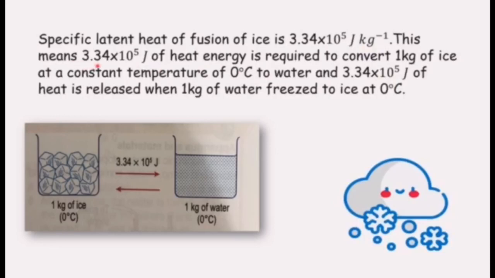This means 3.34 × 10^5 joule of heat energy is required to convert 1 kilogram of ice at a constant temperature of 0 degrees Celsius to water, and 3.34 × 10^5 joule of heat is released when 1 kilogram of water freezes to ice at 0 degrees Celsius. This diagram shows the specific latent heat of fusion as ice converts to water.